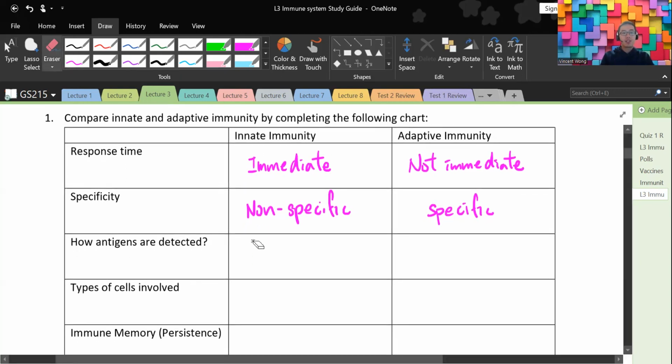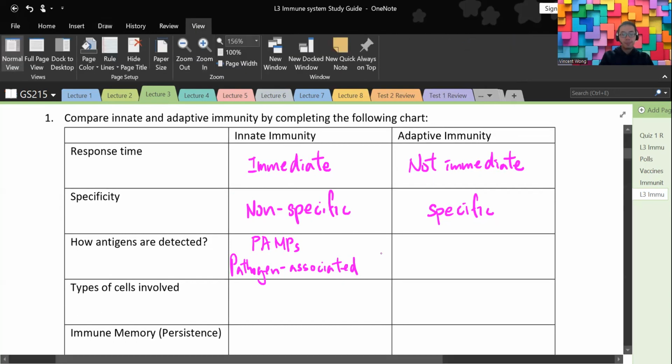How antigens are detected for innate immunity? It relies on PAMPs, right? PAMPs, okay, which is pathogen associated molecular patterns.